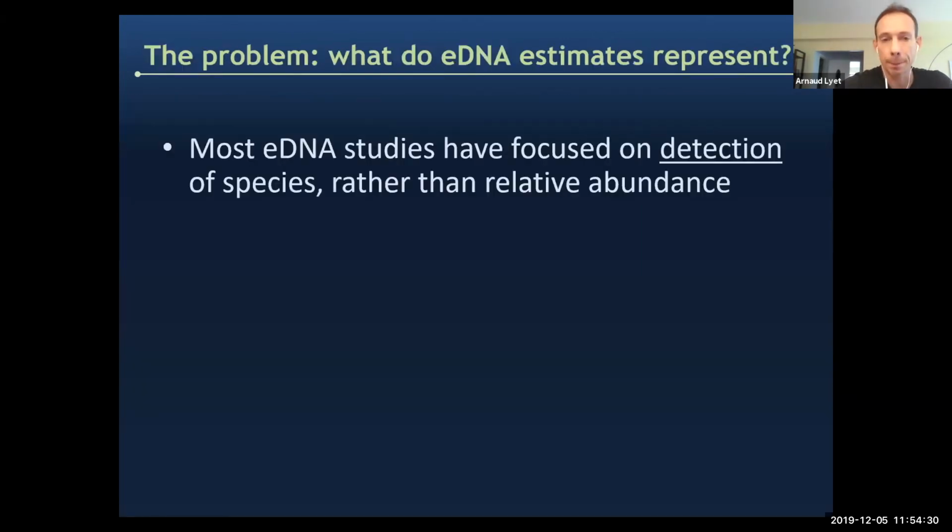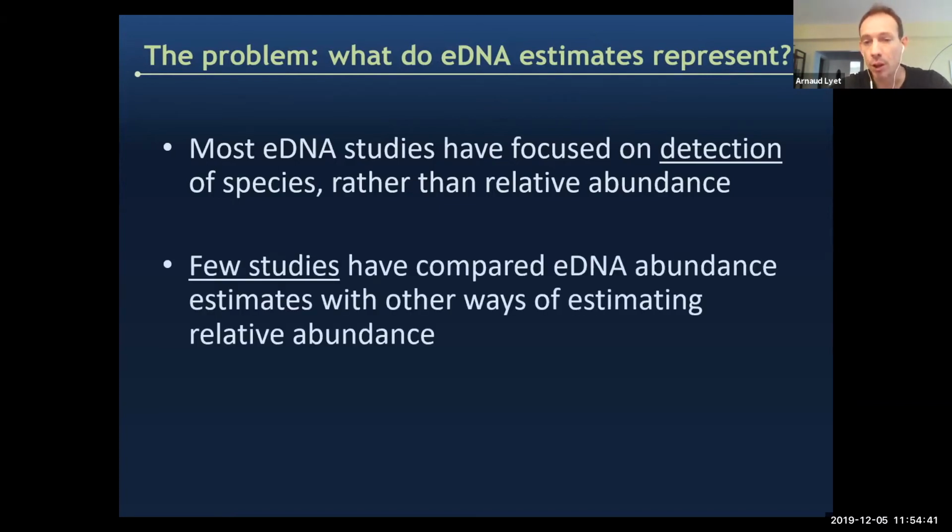So one of the problems with eDNA from water is that most studies are focused on detection and not really on abundance. Few studies have compared this eDNA abundance with estimates of relative abundance, and it has been applied only to aquatic species.